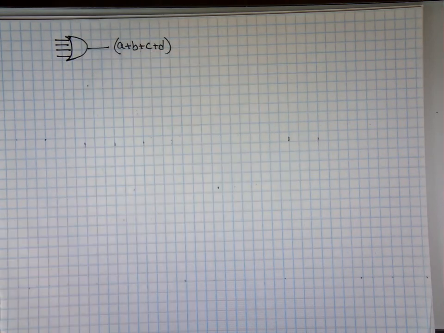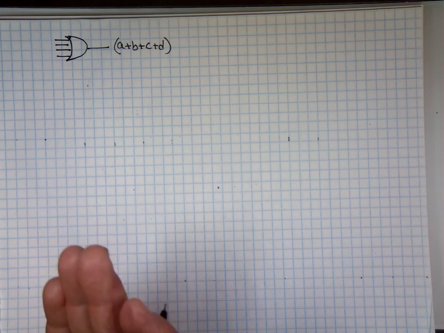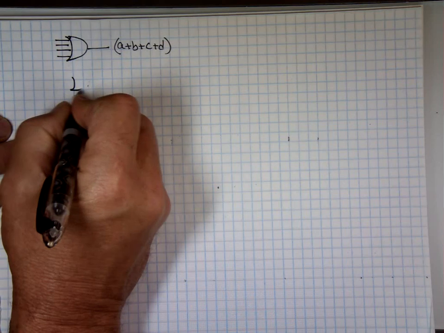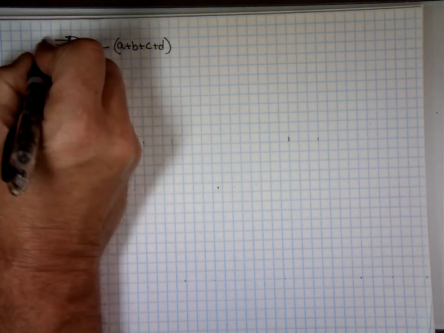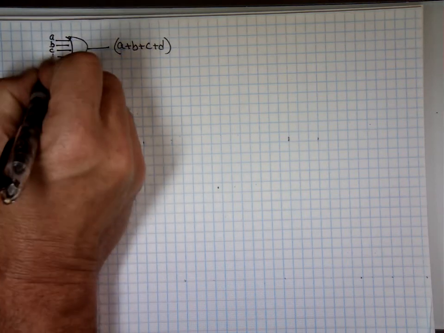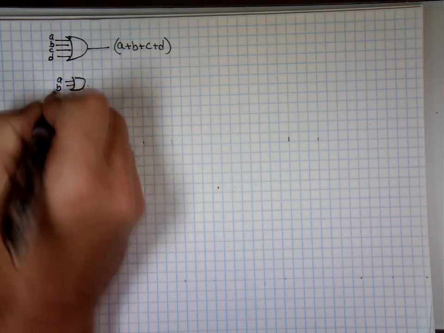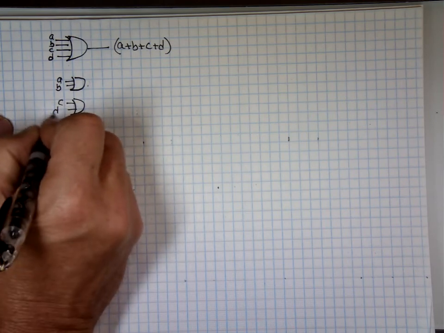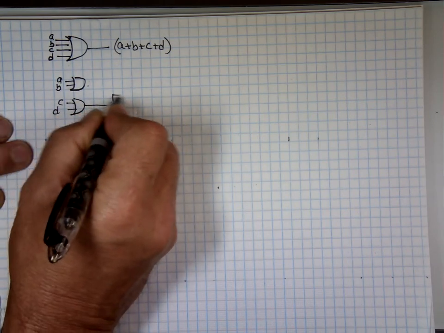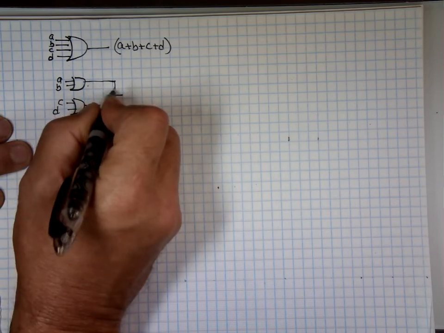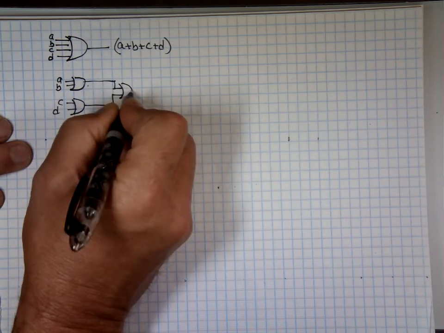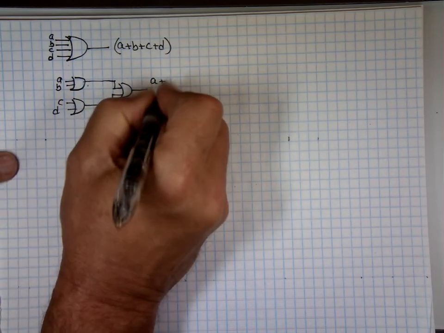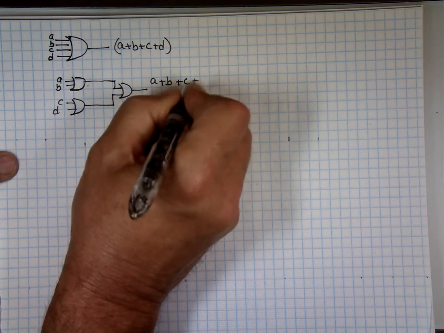If I don't have 4-input OR gates, I can take 2-input OR gates. This is A, B, C, and D. Attach A and B together, take another one, attach C and D together, and OR them together. And that will give me A plus B plus C plus D. That will give me the 4-input OR gate.